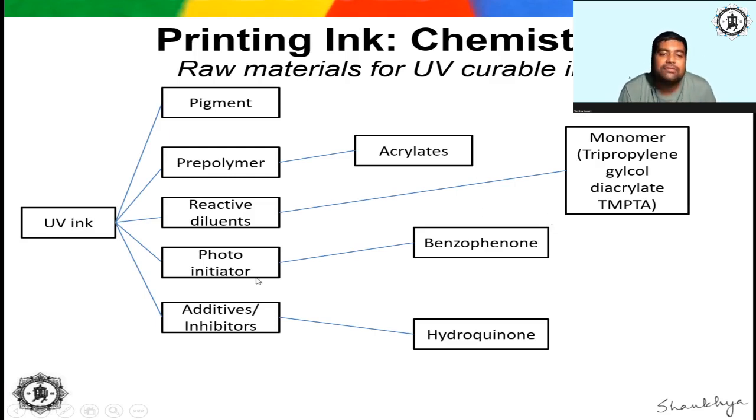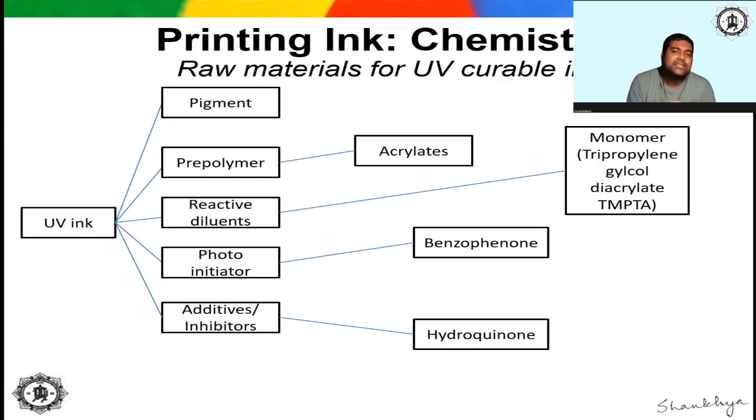Then we have the photoinitiators. Photoinitiators are kind of the catalysts, you can say, which start the UV polymerization reaction. And then we have other additives like the inhibitors, the synergists, etc. One such inhibitor is hydroquinone, which controls the rate of the forward reaction.